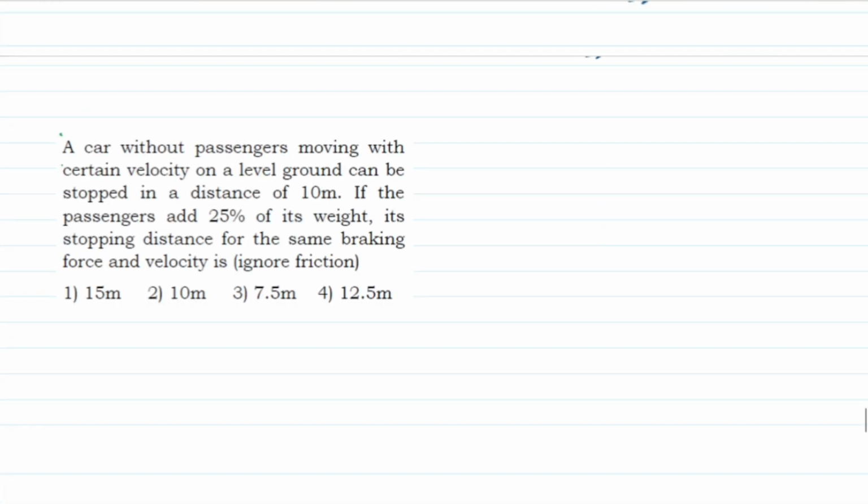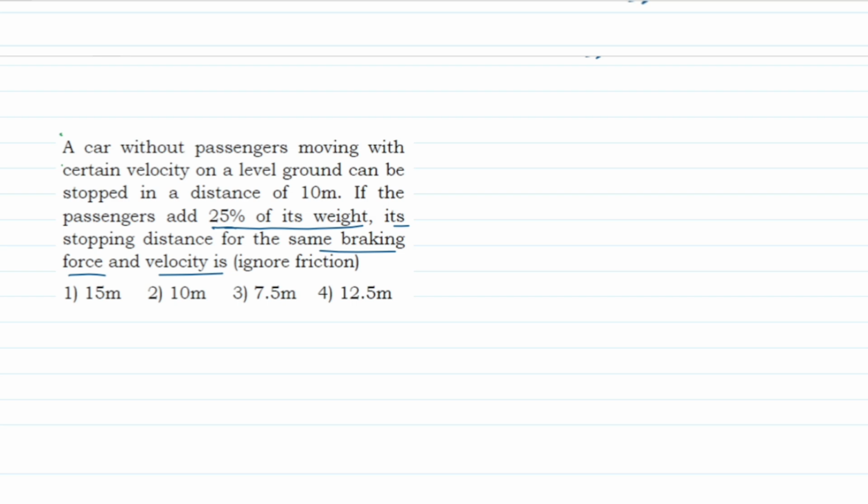Let us see the next question. A car without passengers, moving with a certain velocity on level ground, can be stopped in a distance of 10 meters. If passengers are added, 25% of its weight, what is its stopping distance for the same braking force and velocity?